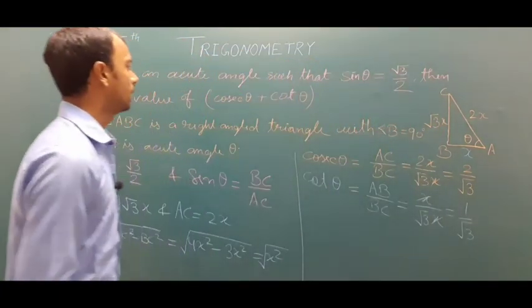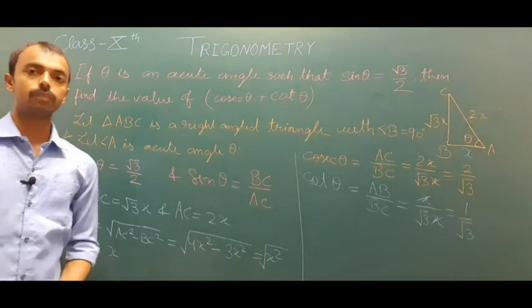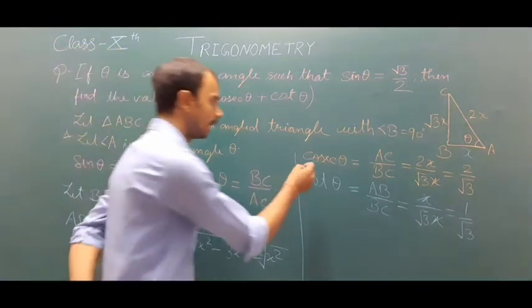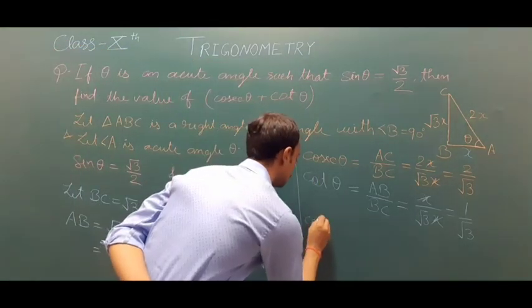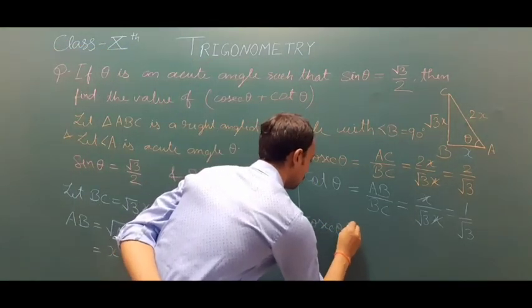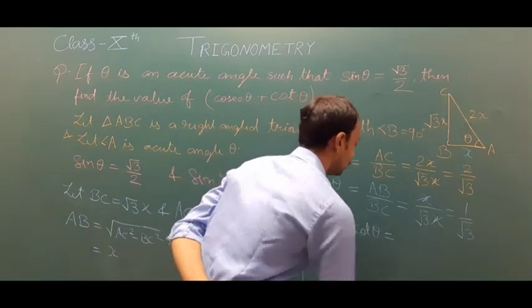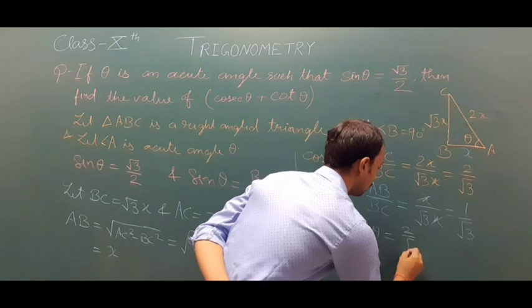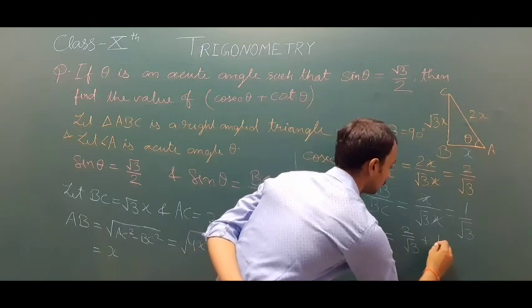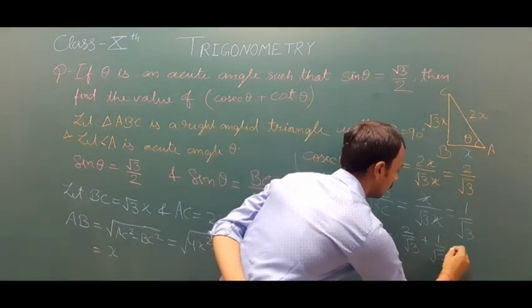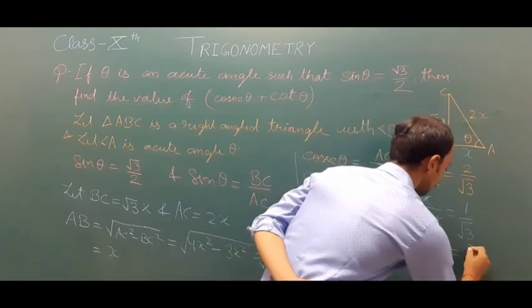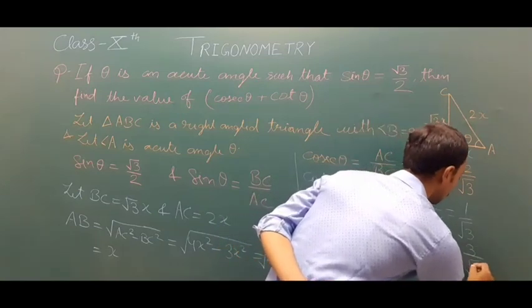But we have to find cosec theta plus cot theta. So add it. Cosec theta plus cot theta is equal to 2 upon root 3 plus 1 upon root 3, that is 3 upon root 3.